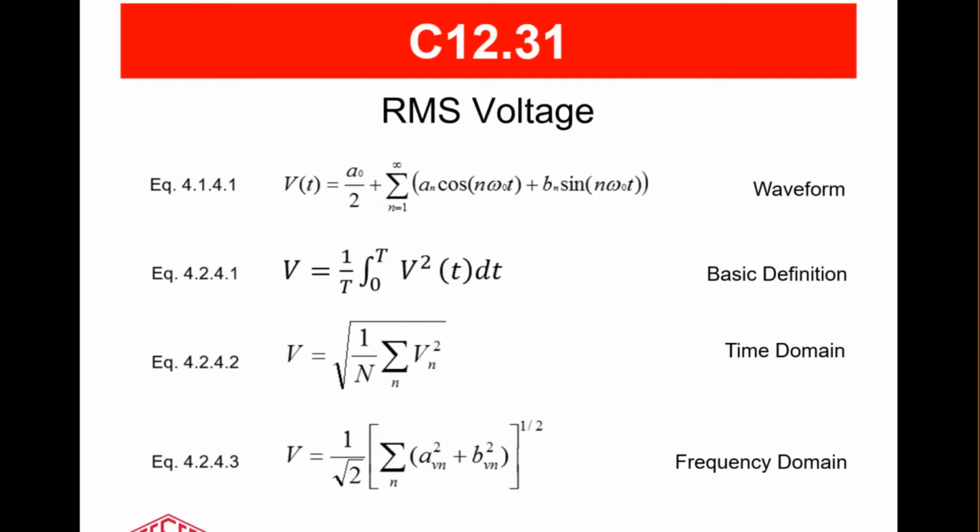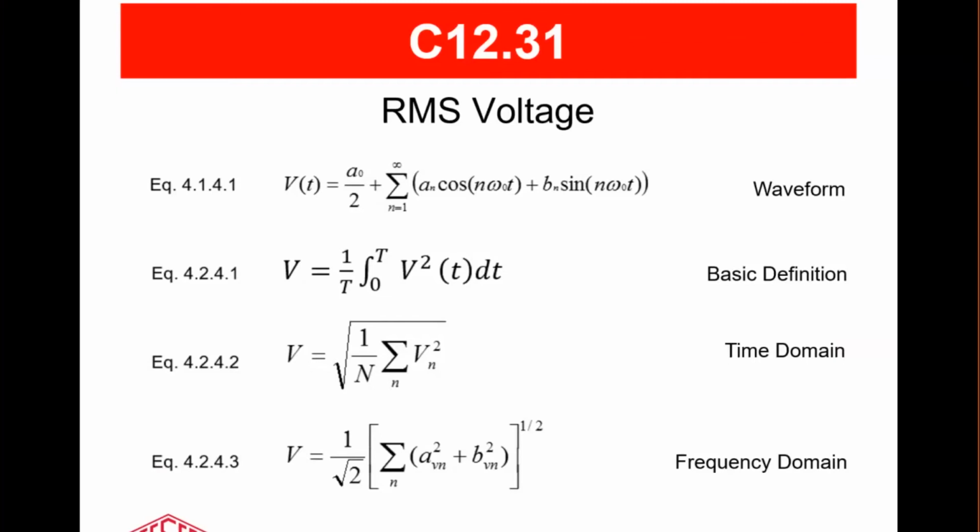And if we think back to the basic definition for RMS, it's an integral, and an integral is a continuous function. But that's really not how we measure things today. Today, we measure things as discrete measurements like we talked about earlier.